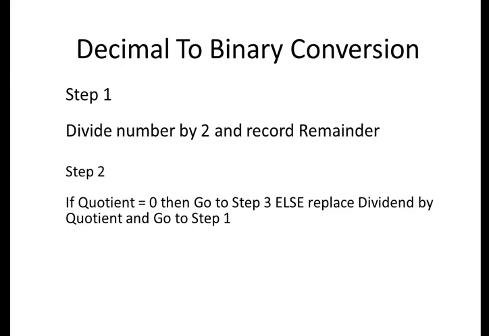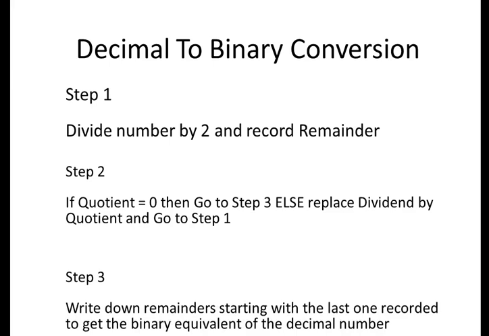Repeat steps 1 and 2 until the quotient reaches 0. Then move on to step 3. At step 3 we just copy out our remainders, starting with the last one recorded, and this is our binary equivalent of the decimal number.